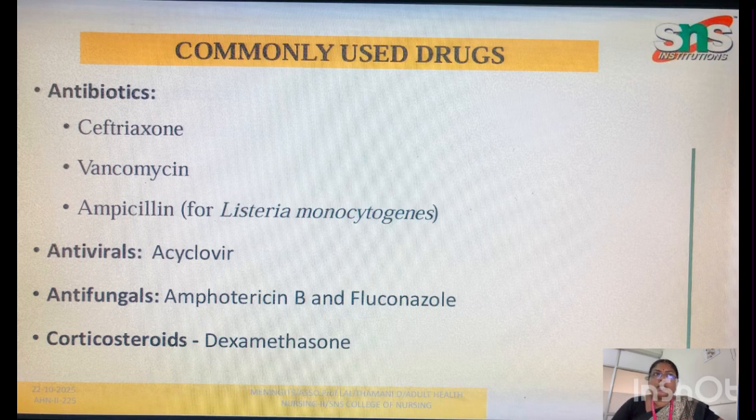The other category is the commonly used drugs. Among antibiotics, there are three: ceftriaxone, vancomycin, and ampicillin. For antivirals, the commonest drug is acyclovir, and the antifungal drugs are amphotericin B and fluconazole.